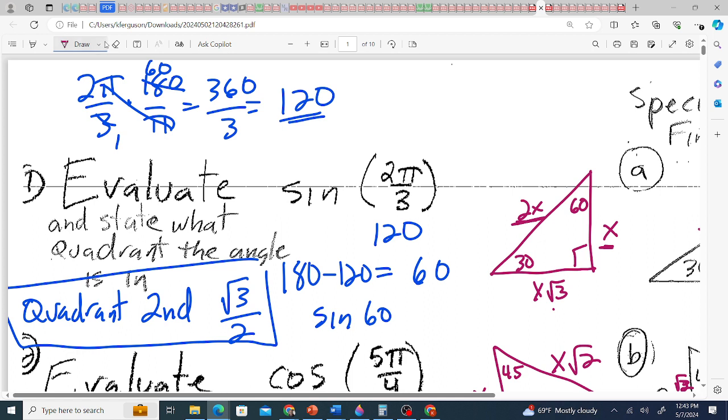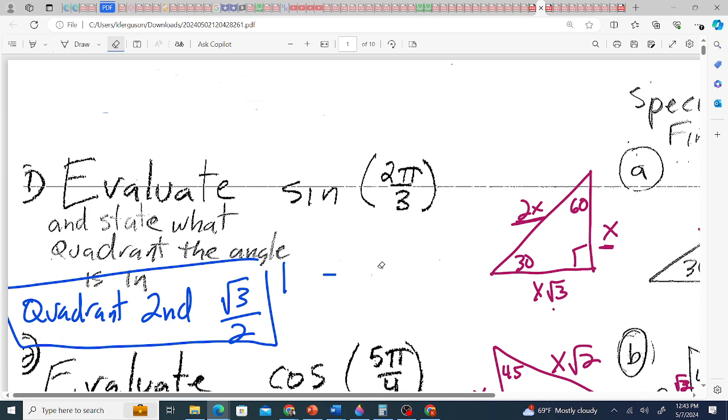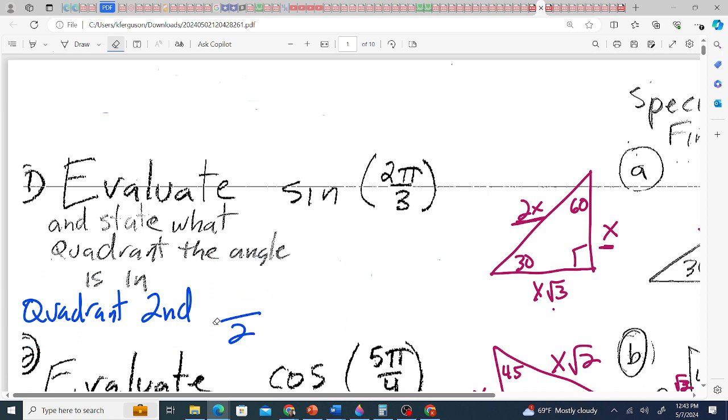So what the heck is this talking about? Evaluating. There's probably a bunch of ways you could evaluate this, but here's the way that I'm going to suggest you do it. What you need to do is take your radian measure and change it to degrees.